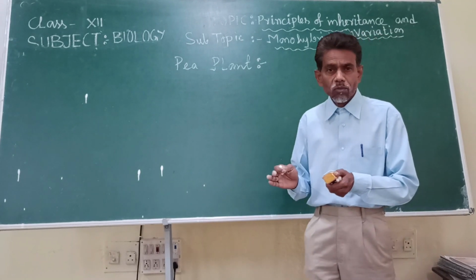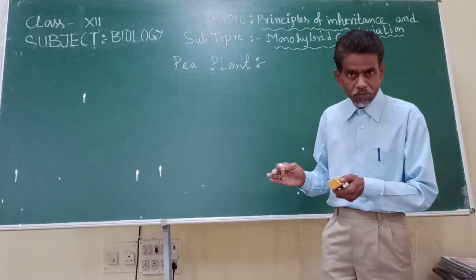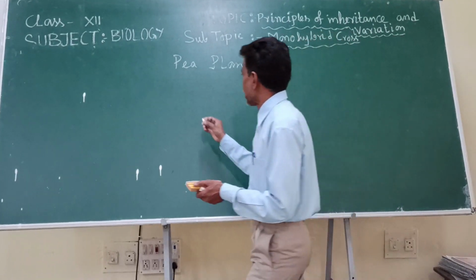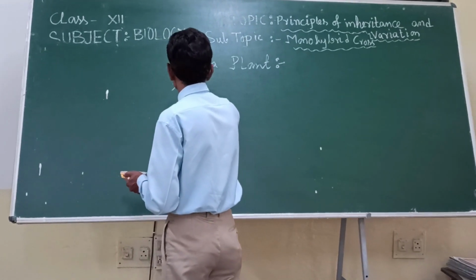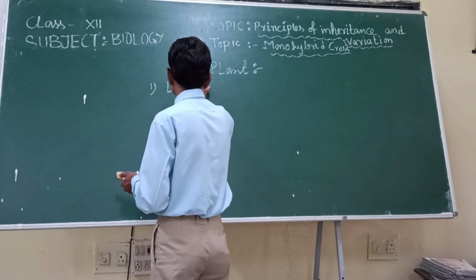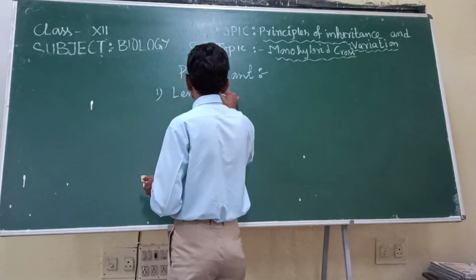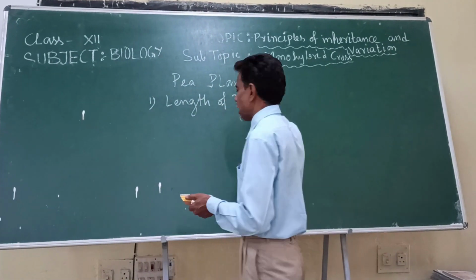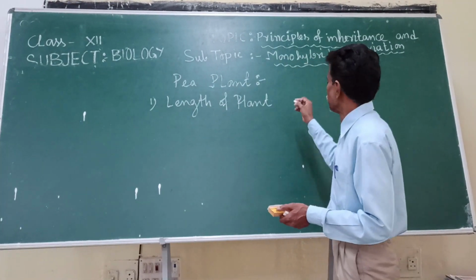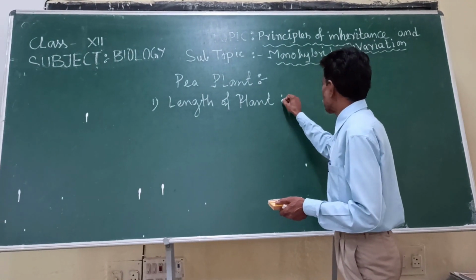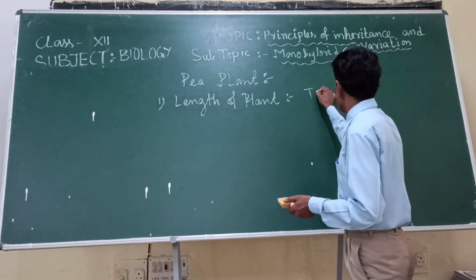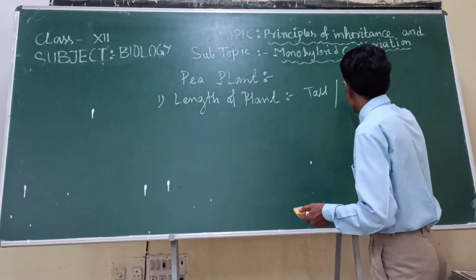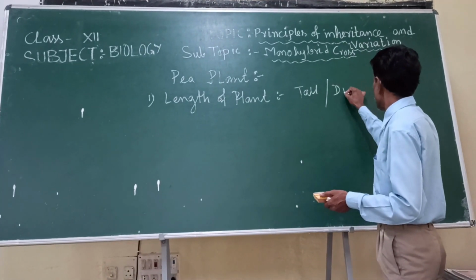one at a time or 2 at a time. What are those? Number 1, length of plant. Some of the characters I am explaining here. In terms of length, either it is tall or dwarf, meaning short.